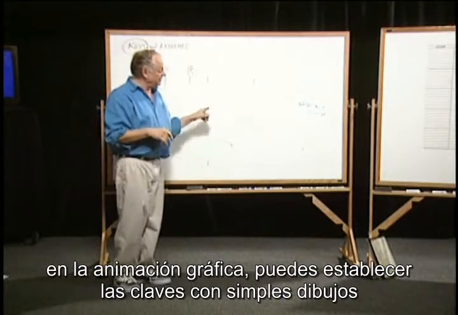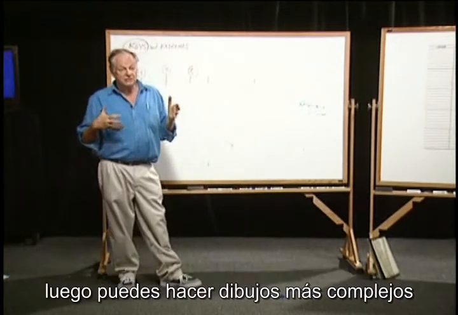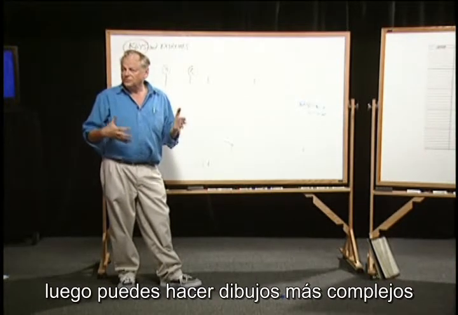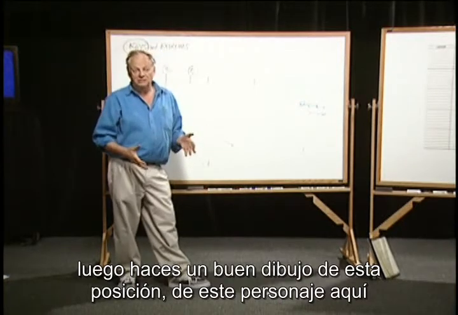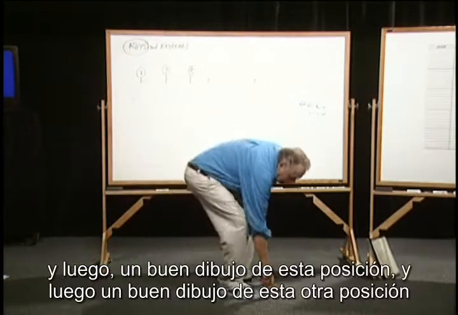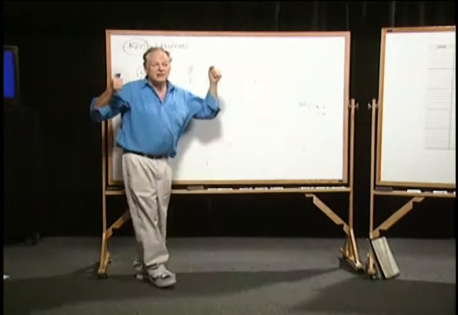You might figure it out in little tiny drawings, those keys, and then you do a decent drawing of the character. You do your first position. You get a nice drawing of this guy here, and then you get a nice drawing here, and a nice drawing there. You've already got your 3 storytelling things.